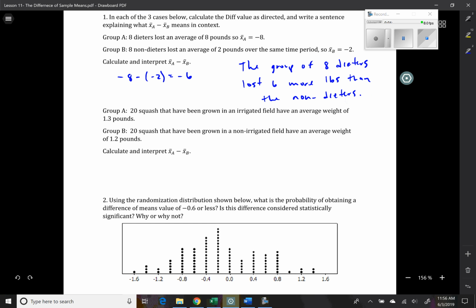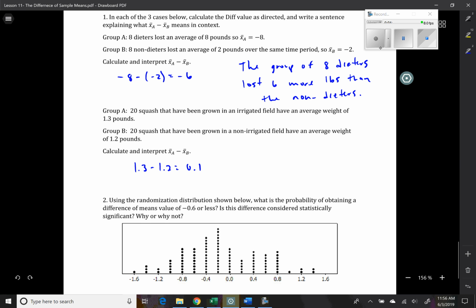For the second question, we're talking about squash, right? So again, finding the calculated difference of sample means, I can take the mean of sample A and subtract it from the mean of sample B and find a difference of 0.1. So the calculated difference is 0.1.